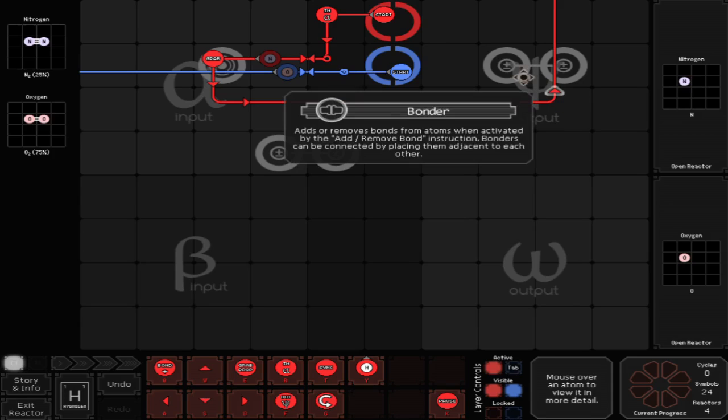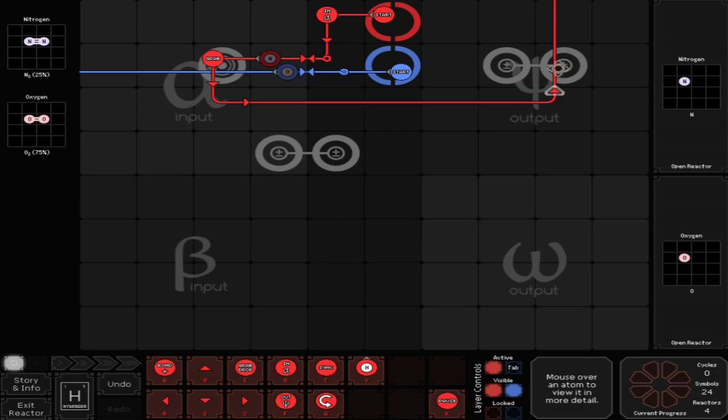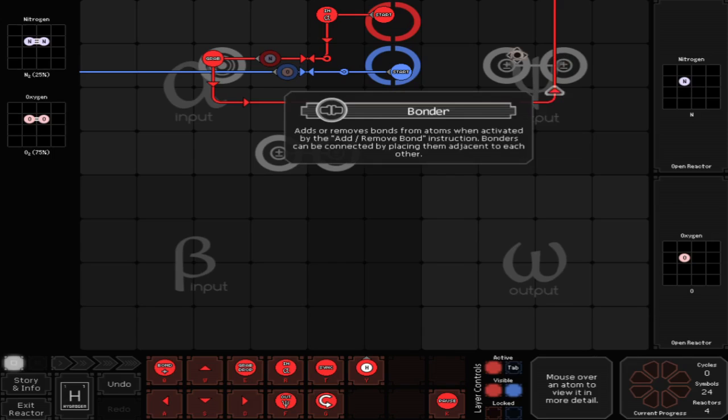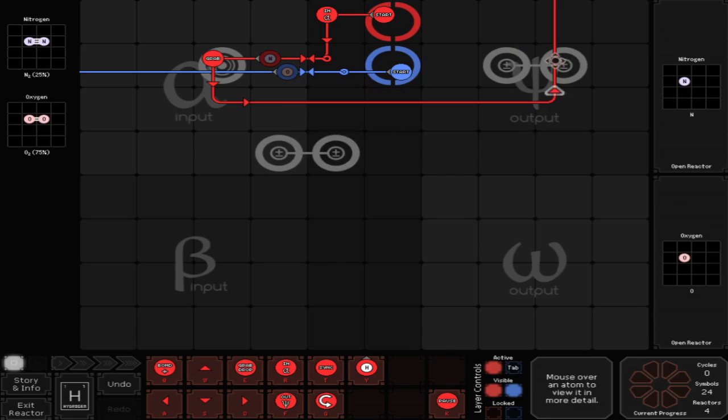If I put it down on these bonders and then cut all the bonds, he's just not going to have enough time to pick up one of the nitrogen atoms, send out the first one, and then put down his and send it out before coming back.